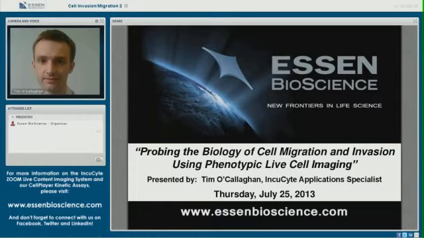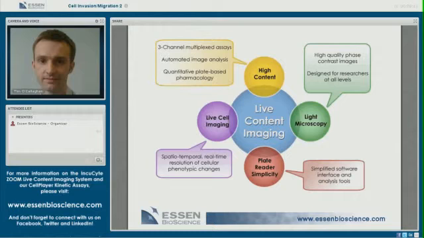Before moving into specific information around cell migration and invasion, I would just like to give a brief introduction to our approach to phenotypic live cell imaging. We call this approach live content imaging, and it draws on factors from many different technologies, such as the automated image analysis and quantitative plate-based pharmacology associated with high content imaging, and also the ease of accessibility and the high quality phase contrast images of light microscopy.